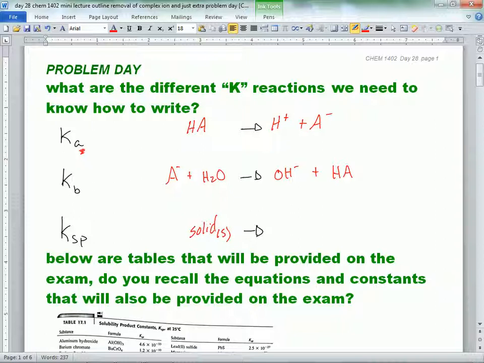What makes up the solid? Ions. And we hardly ever write aqueous, but it's good practice too. So know how to write those. And then the Ka or Kb or Ksp expression, that's always just products over reactants, right?